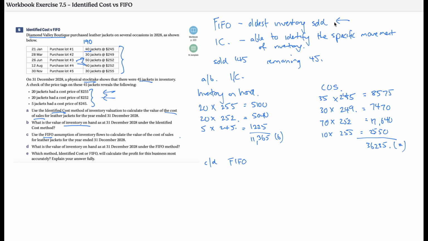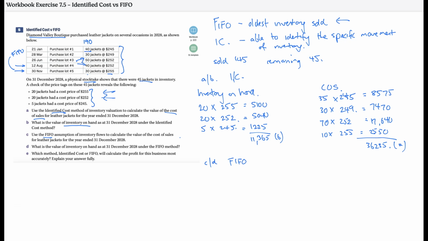So we have 45 left, and that must mean we have 30 of the $255 ones because they are our newest. We still have to find 15 more, and they come from the ones that we purchased on the 12th of August. So FIFO assumes that our newest ones remain and our oldest ones were sold.